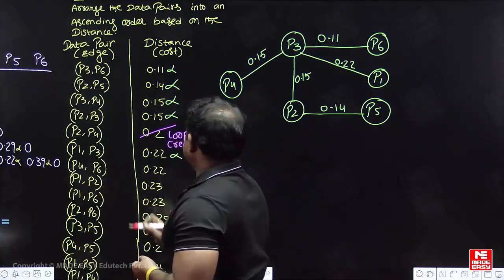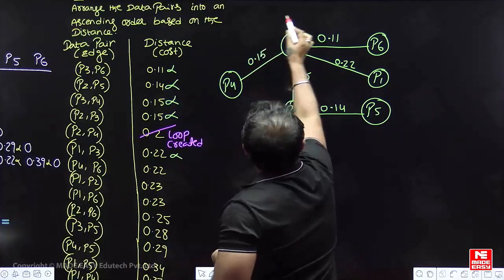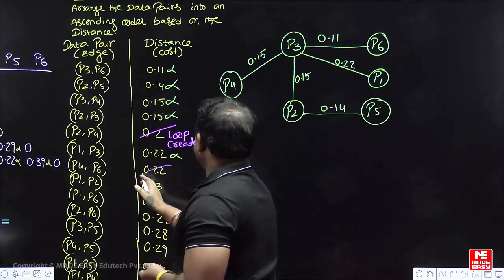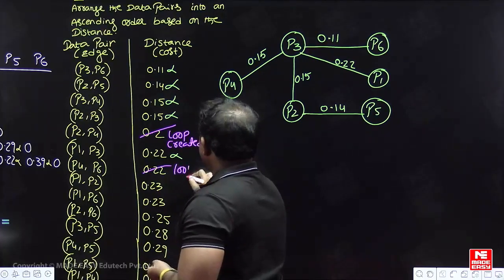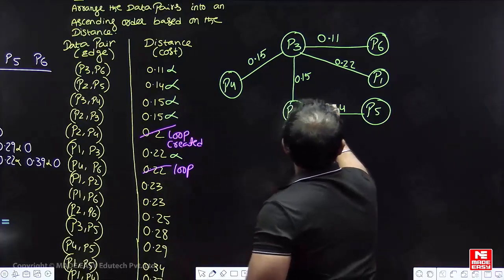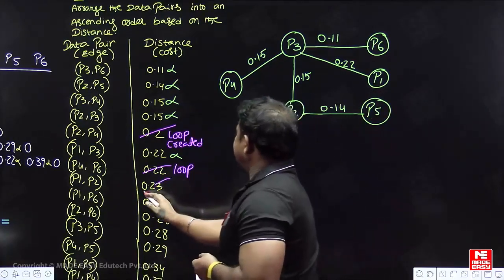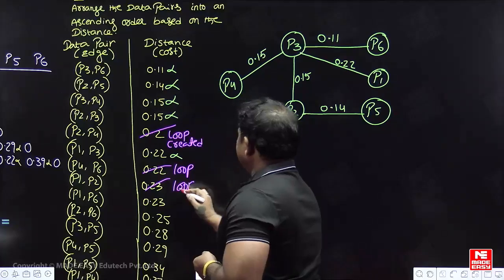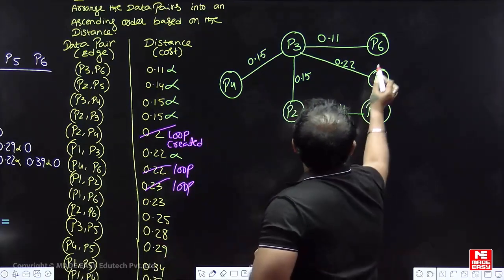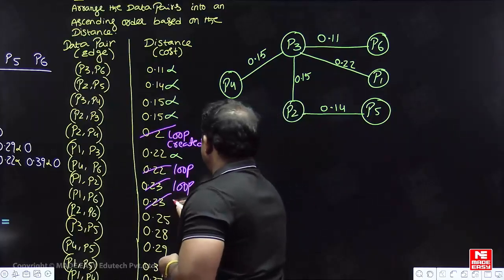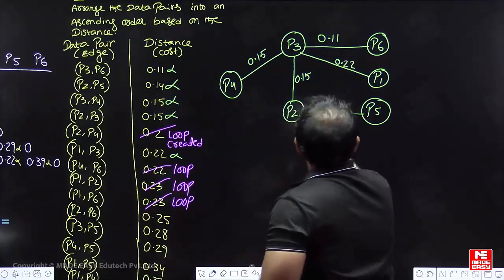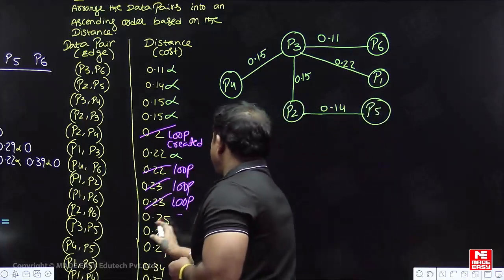Then P4, P6: if I put P4 and P6, there is a loop, so don't use it. P1, P2: if I connect, again a loop. P1, P6: loop formed, don't connect. P2, P6: loop formed.